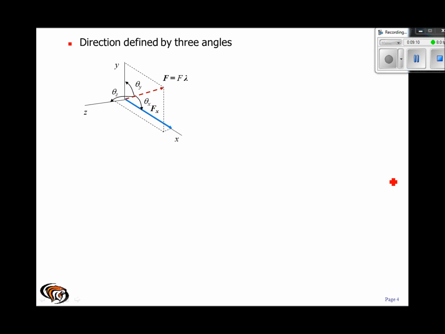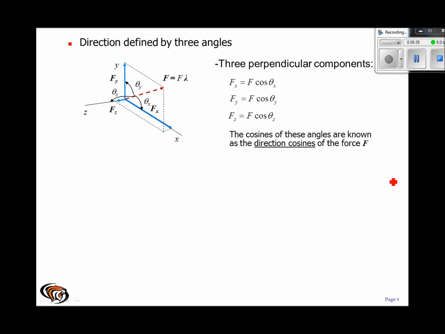The component along the x-axis is simply the magnitude of the vector, or force F, times the cosine of angle theta x. That of the component along the y is going to be F cosine theta y, and the component along the z-axis is going to be F times the cosine of theta z. And so there they are, the 3 components. Collectively, the cosines of these angles are known as the direction cosines of the force F.